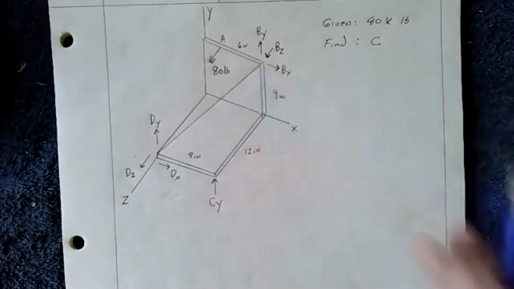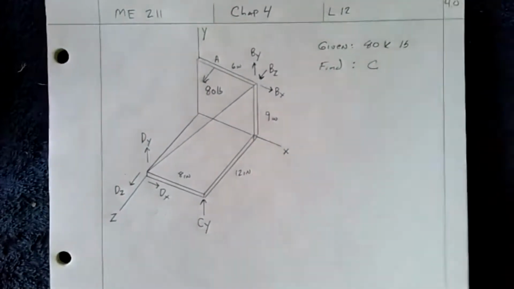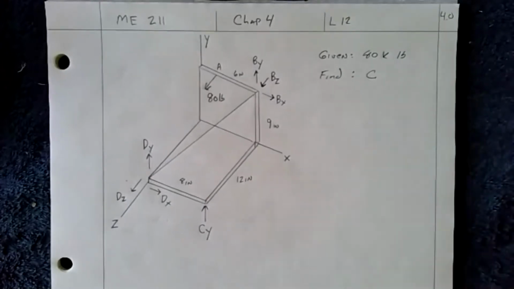Eliminate 6 of them. Whenever you see a problem like this, and there is one on your homework like it, where you have something supported by 2, you'll never get something with 3, because then there's too many unknowns and it's indeterminate. But if you have 2, then just simply draw a line between them.